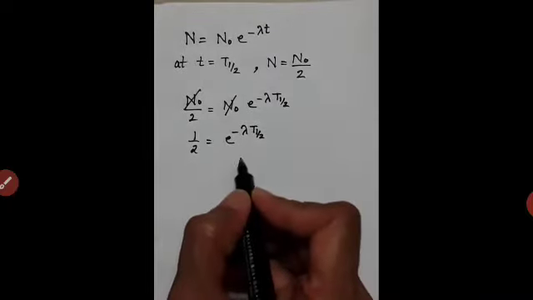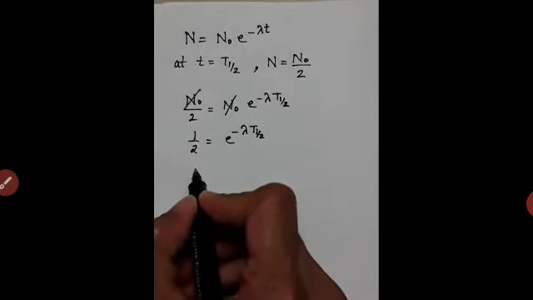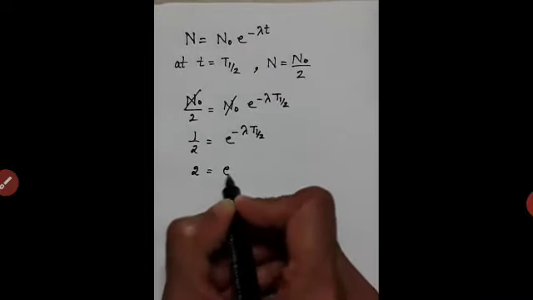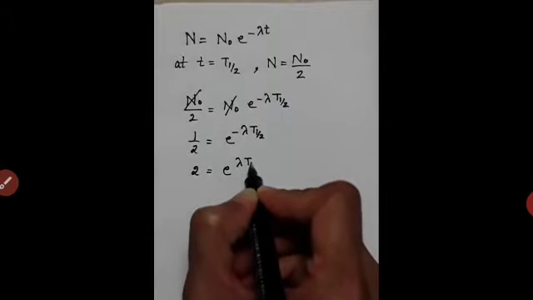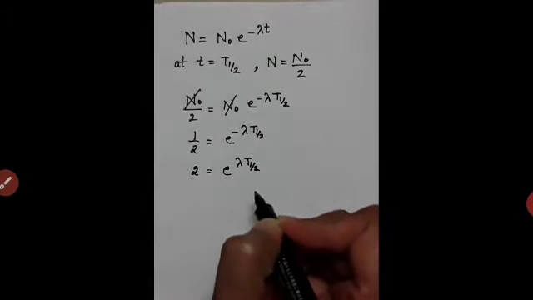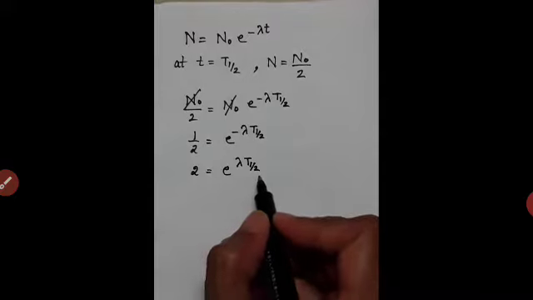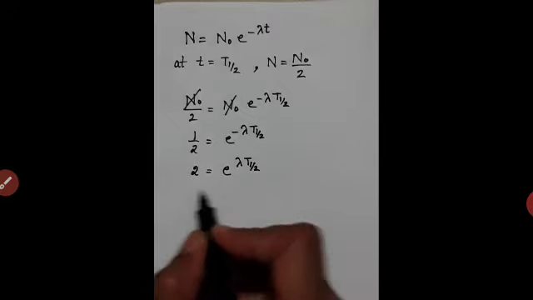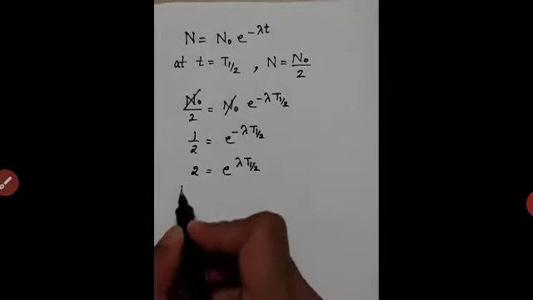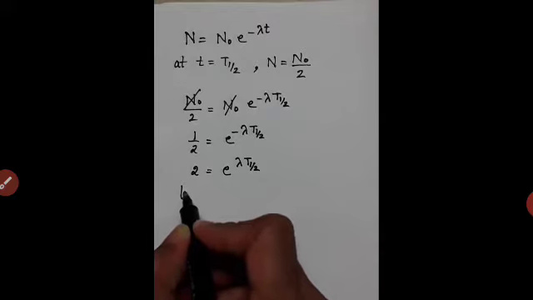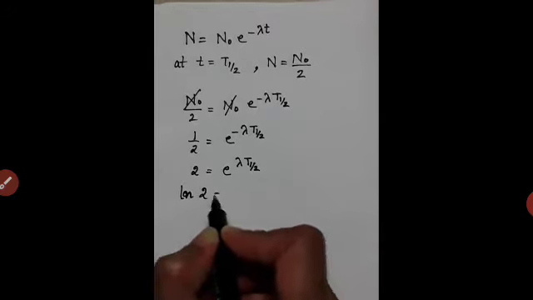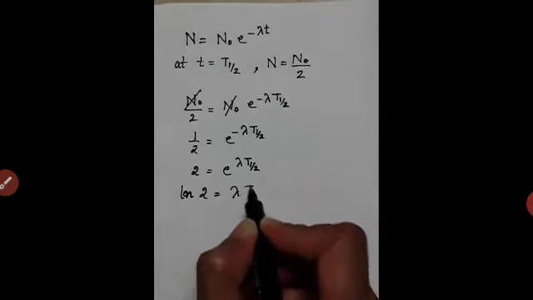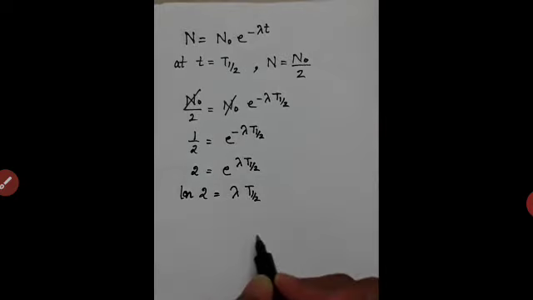I'll take the reciprocal on both sides, so it becomes 2, and on the right hand side the power turns into positive. Now because we are deriving for T half, we need to remove the exponential. In order to remove the exponential, we take log on both sides. So this is log of 2 equals lambda T half.